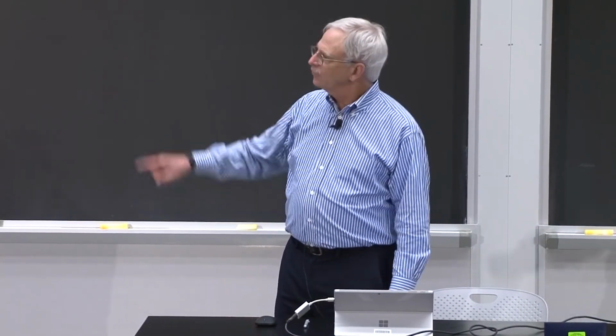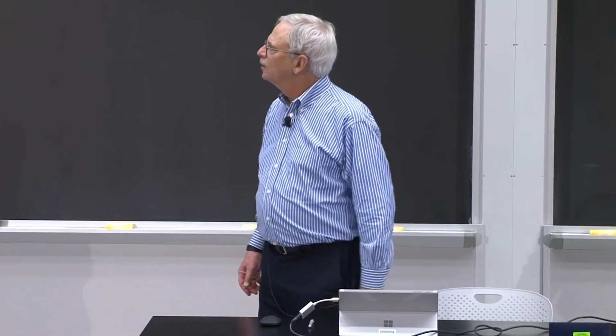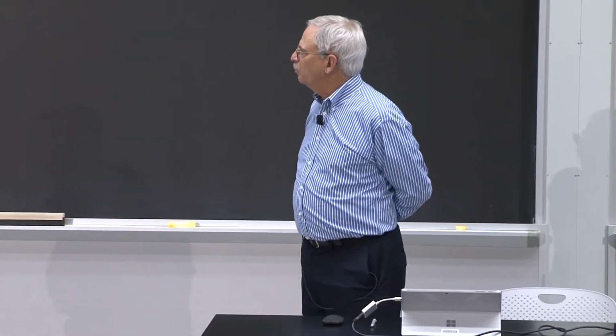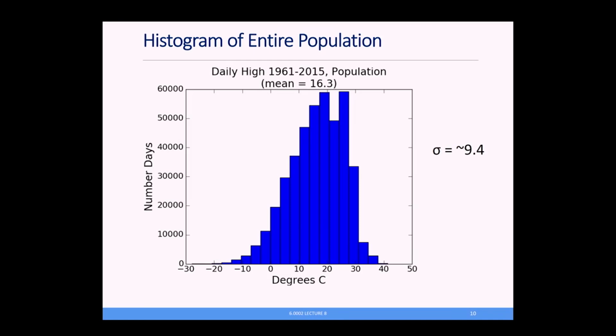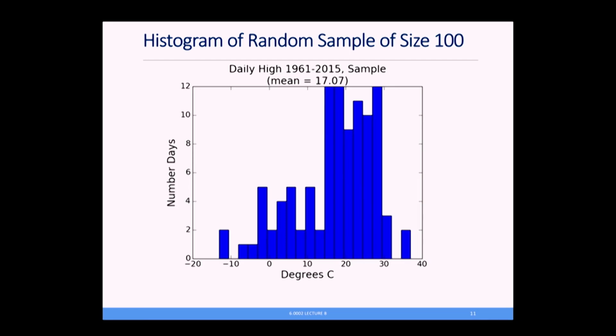The next thing I'll get is some statistics. So we know the mean is 16.3, and the standard deviation is approximately 9.4 degrees. So if you look at it, you can believe that. Well, here's a histogram of one random sample of size 100.